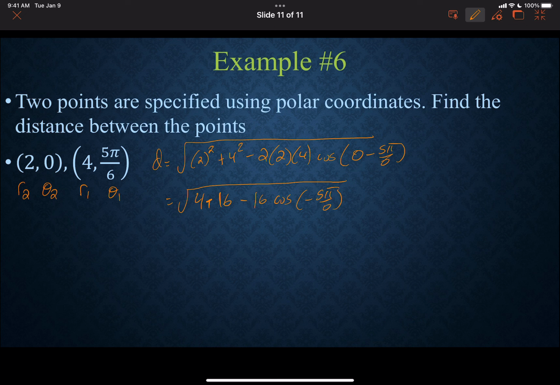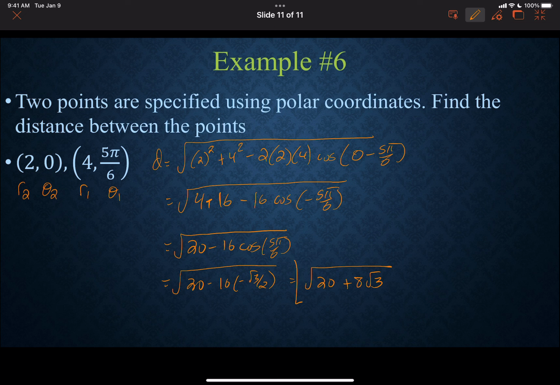And again, remember, cosine of negative angles, we ignore the negative. It's really simply cosine of the positive, then 5 pi over 6, which is a negative root 3 over 2, which when multiplied with negative 16 gives us a positive 8 root 3, and that's our polar distance between those 2 points.